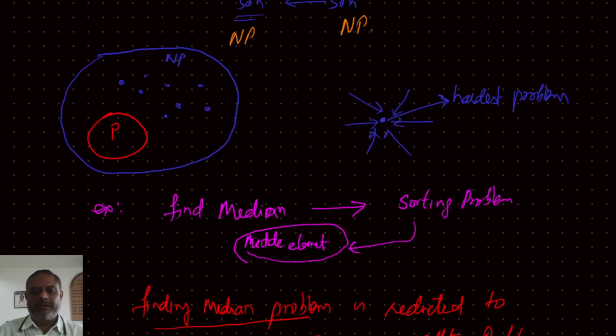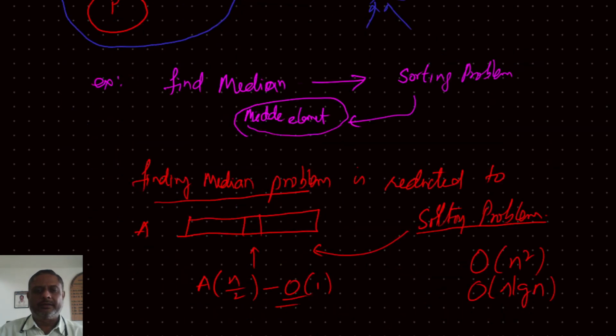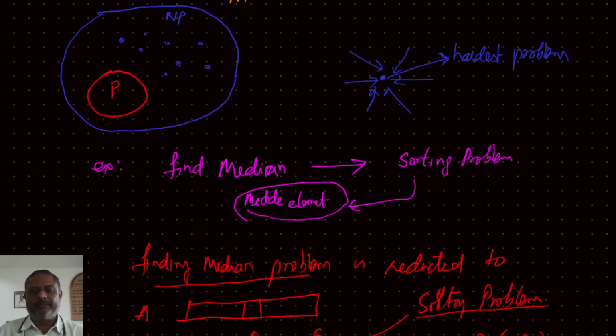You can say the arrow tail side is lighter and the arrow head side is harder. So all of them are facing towards this problem. Therefore, this problem is harder than this one, which is harder than this one, and so on. This problem is harder than all these problems. So among all these, this is the hardest problem.